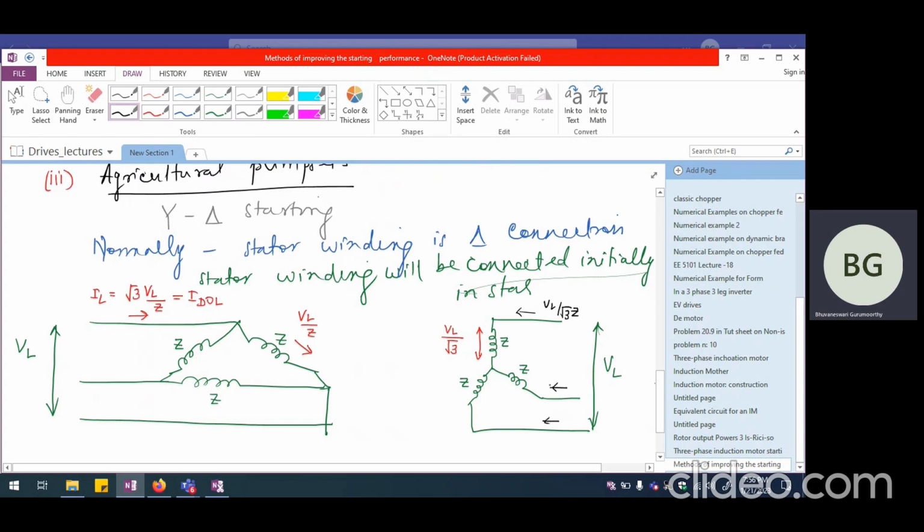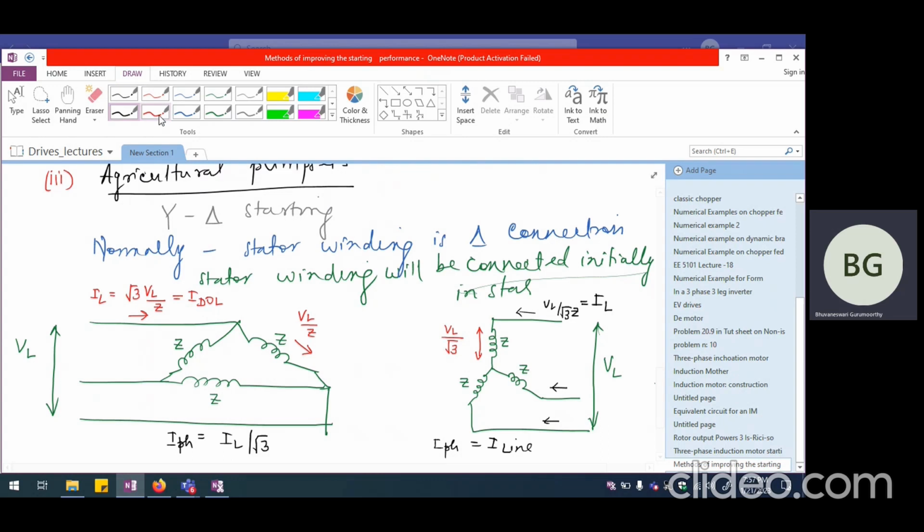So this is going to be the current that is drawn by each of the phase windings. And in star, I'm going to have phase current equal to line current, whereas in delta, the phase current is going to be line current divided by √3. So because of this, this is going to be the line current as well when I am looking at the star connected stator winding.